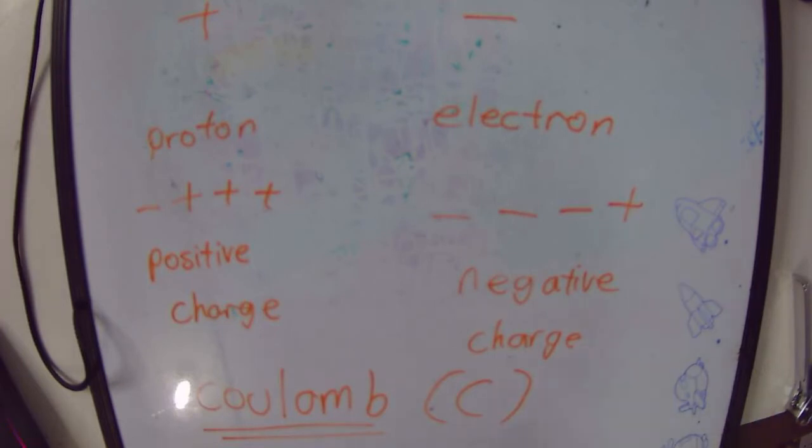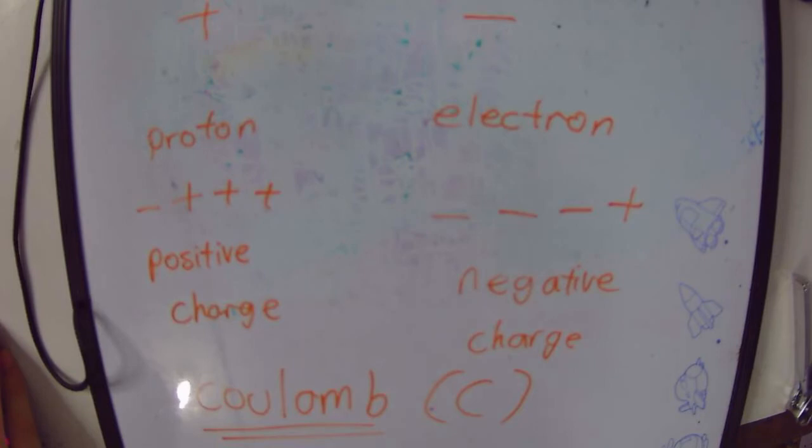So we measure the amount of charge that something has by using the unit coulomb. So the more coulombs something has, that means it has a bigger charge, whether positive or negative. Okay. So this is a review of what we learned in Form 2.